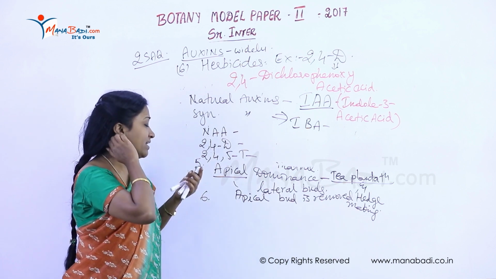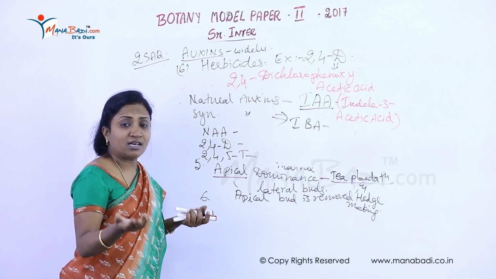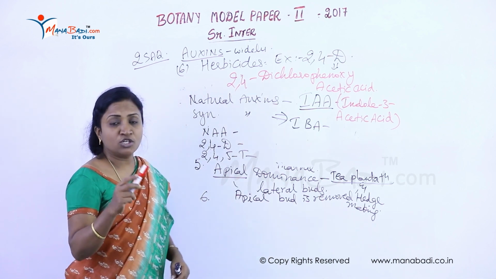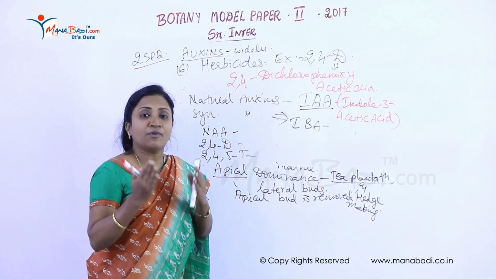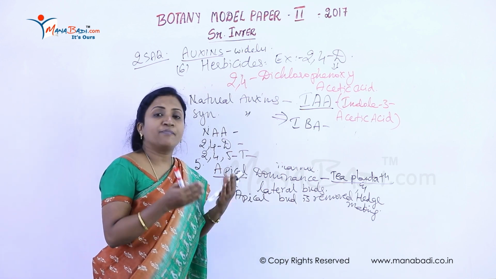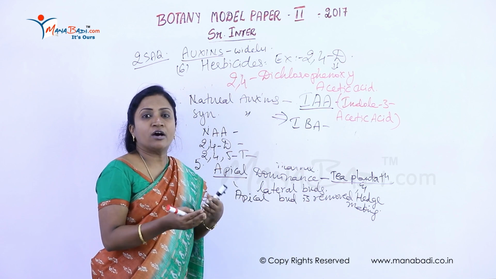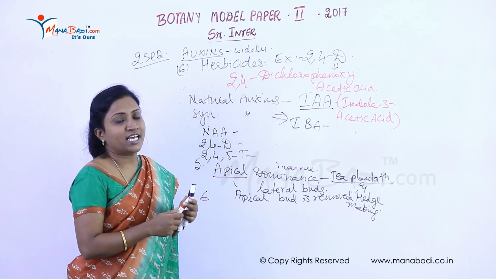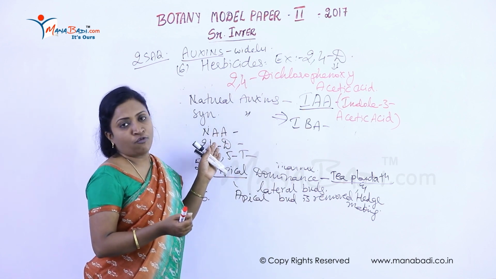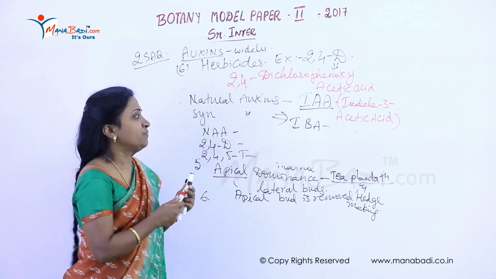As I said earlier, natural auxins are synthesized within the plant body, for example indole 3-acetic acid. Chemicals that behave similarly to auxins are called synthetic or artificial auxins. Examples are IBA, NAA, 2,4-D and 2,4,5-T. What are their full forms?